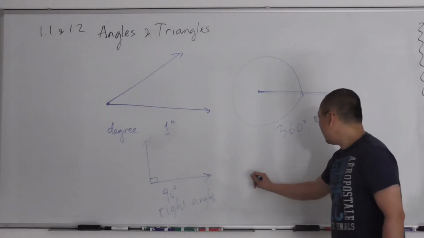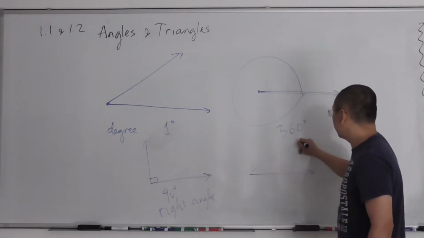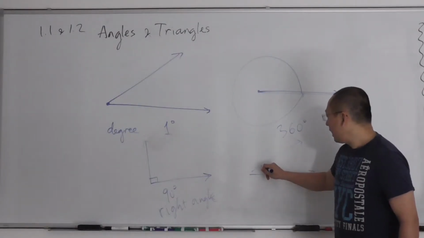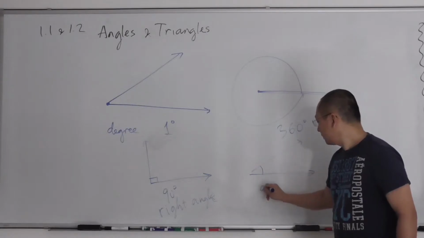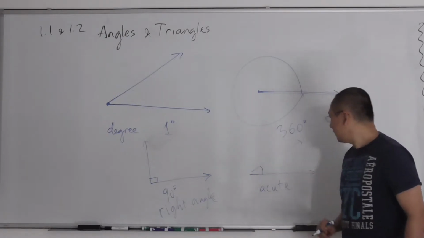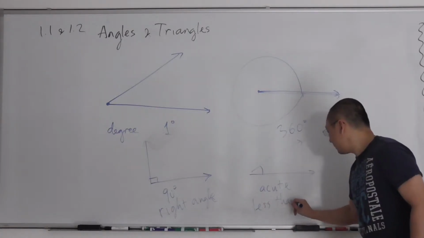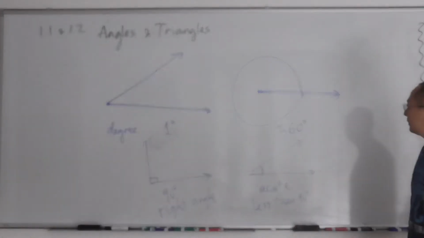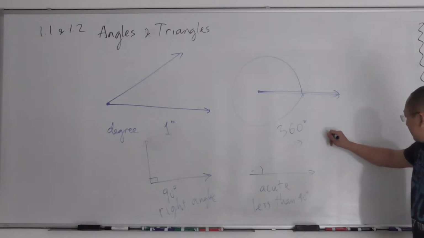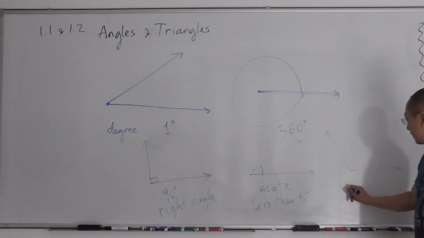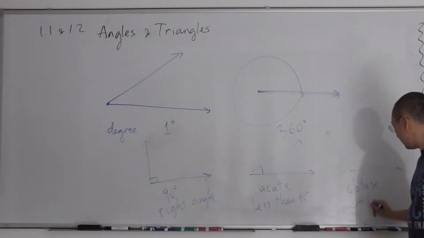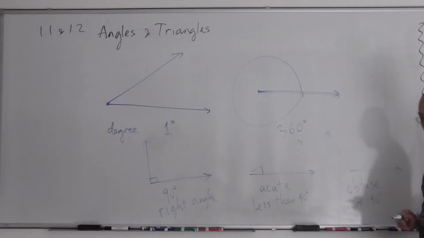If the angle is less than 90 degrees, we call it the acute angle. Okay, less than 90 degrees. And if the angle is greater than 90 degrees, this is an obtuse angle. It's more than 90 degrees.